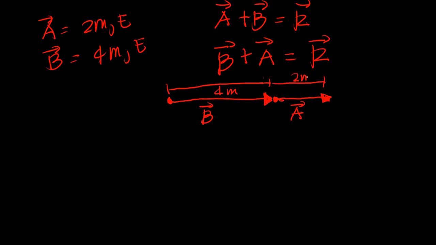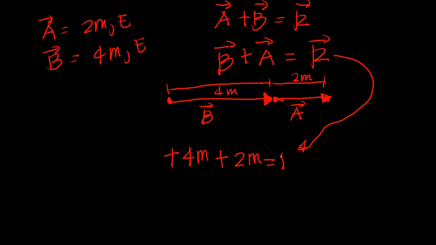Which is 2 meters. Now, if we are going to solve this, we have vector B again, which is east, so that is positive 4 meters, plus A is to the east again, that is positive 2 meters, and this is your resultant vector.